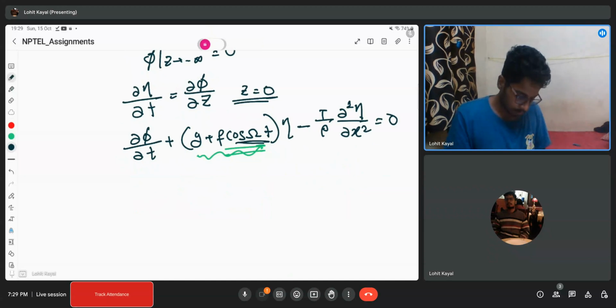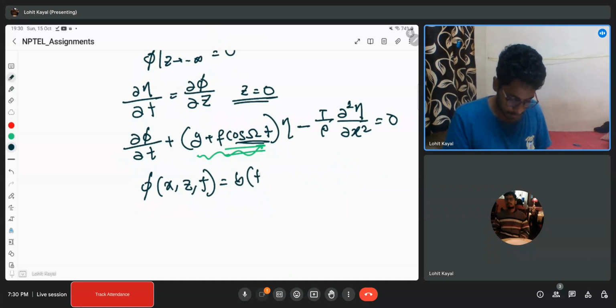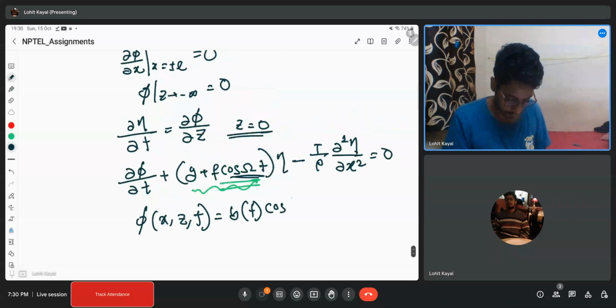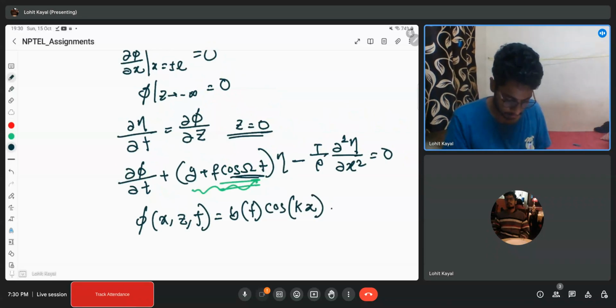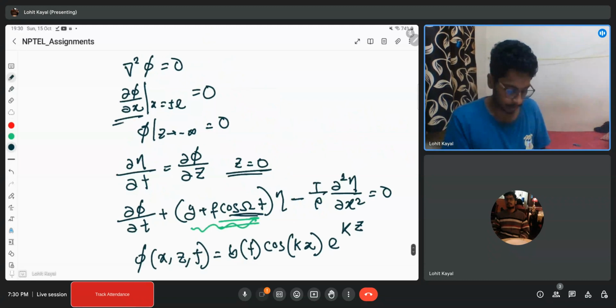Okay, so let me take phi(x, z, t) equal to B(t) cos(kx) e^(kz). Now the question is, what is k? k is coming from this equation: sin(kL) is equal to 0.